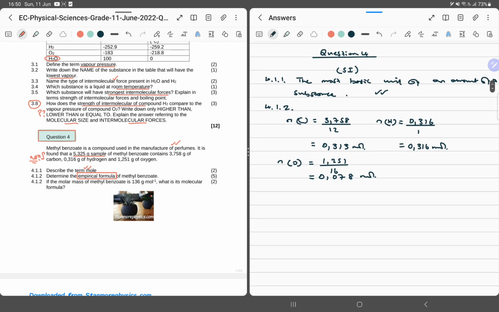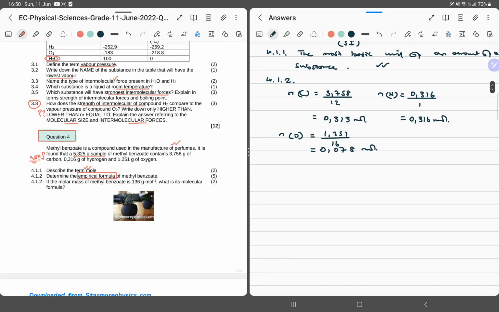It is the oxygen one. So we can now divide into the molar ratios. For carbon, it is going to be the number of moles of carbon, which is 0.313, divided by the smallest, which is that of oxygen, 0.078.